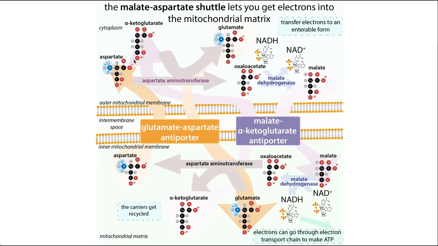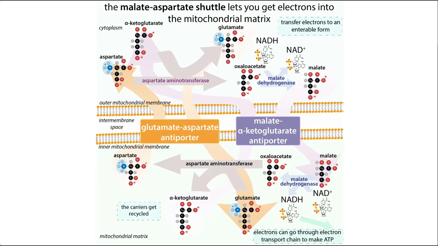The aspartate can then leave, and in return, it's going to bring in another glutamate so that you can keep this cycle going. The bottom line is that we take those electrons from our NADH, and we transfer them onto another molecule that's able to then enter the mitochondrial matrix. So we take oxaloacetate and we reduce it to malate.